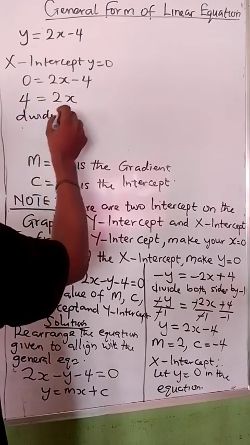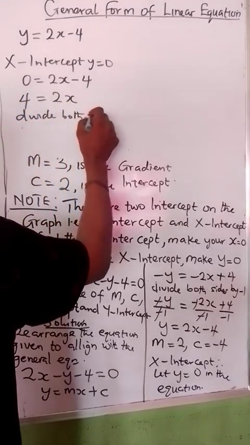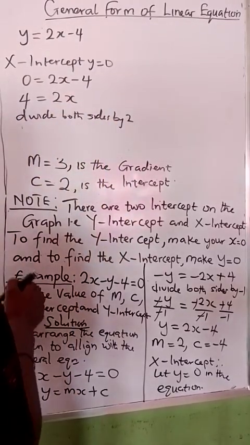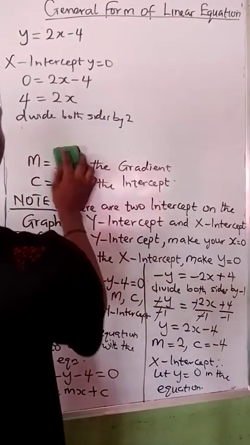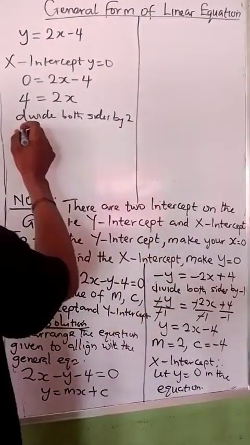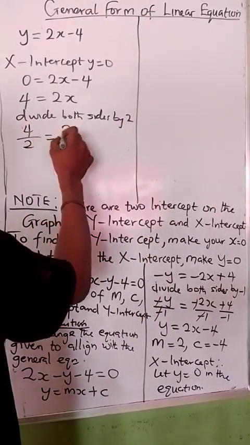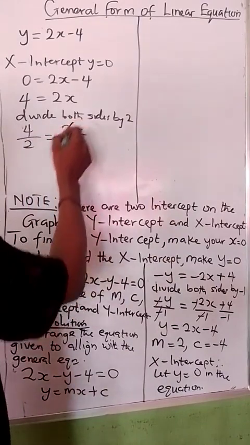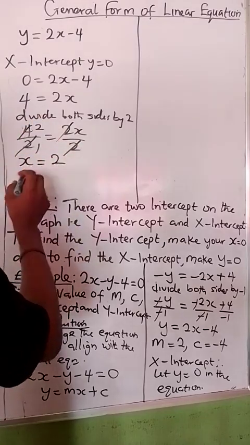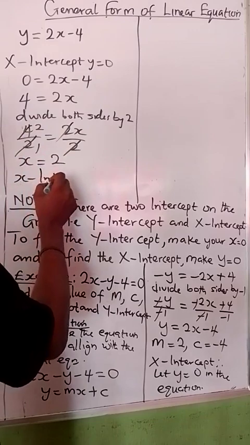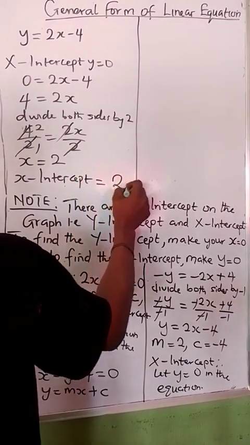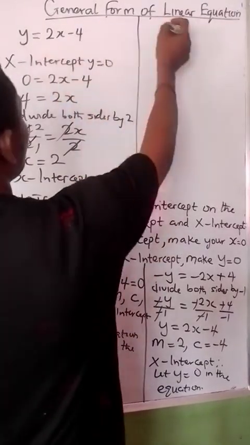Divide both sides by 2 so that x can stand alone: 4 over 2 equals 2x over 2. 2 cancels 2, so our x equals 2. So our x-intercept equals 2.